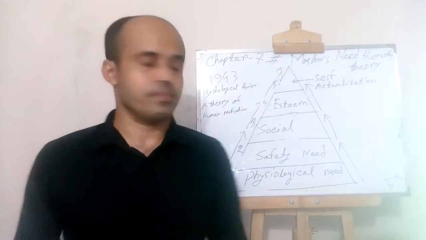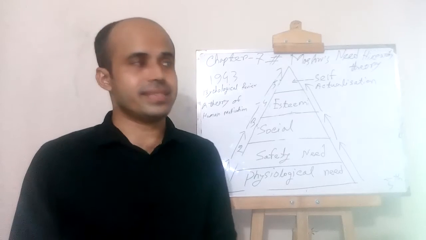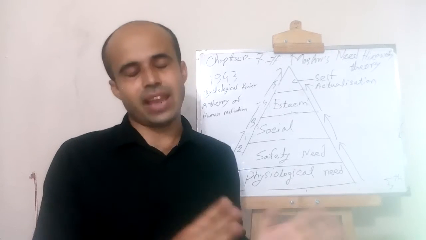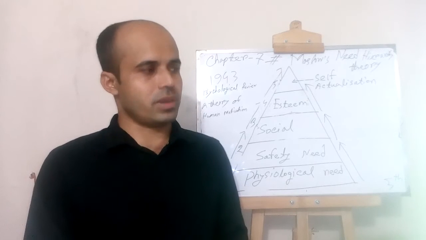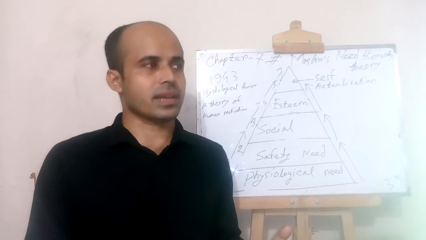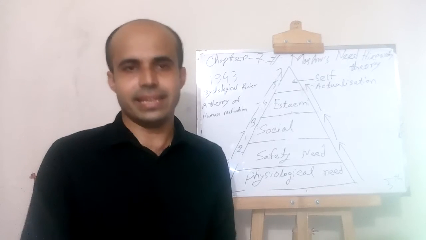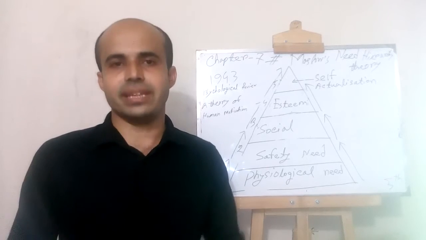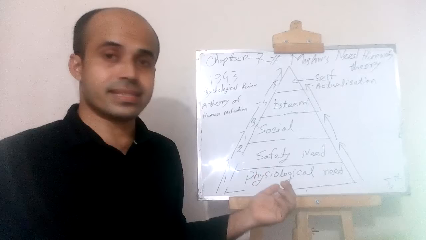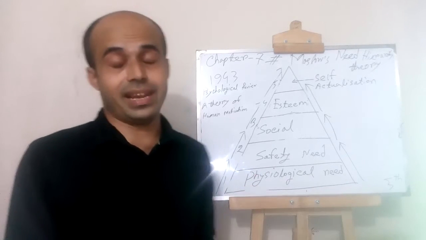Maslow's need hierarchy theory is a theory in which he tried to research human needs: how they come, how they are satisfied and filled up, and how, step by step, the needs are transferred to the upper level. The first step is physiological needs.